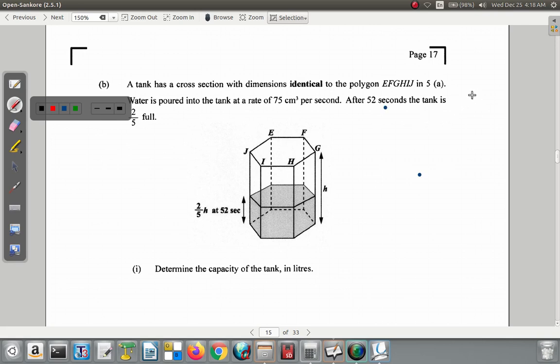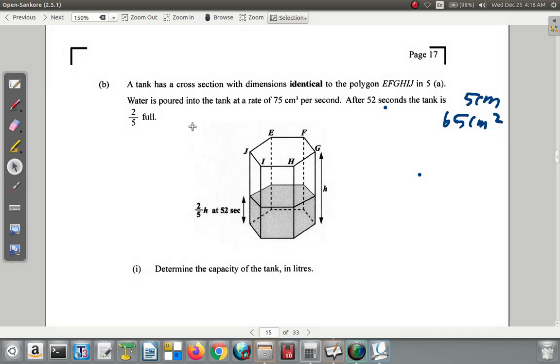So there were 5 cm, and the area was 65 centimeters squared, the total area of the polygon. Now water is poured into the tank at a rate of 75 centimeters squared per second.